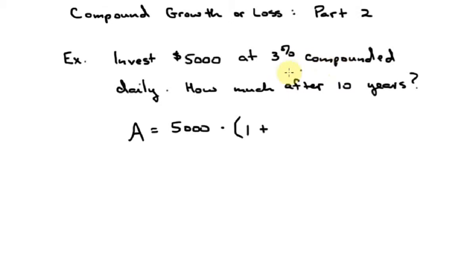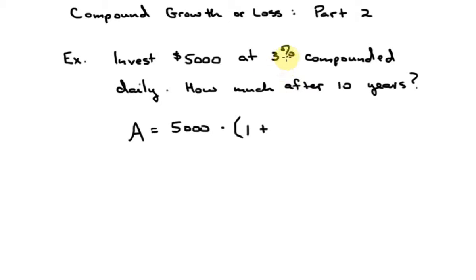When they say it's compounded daily, it means they calculate how much money your investment has grown by every day, and then they add that quantity of growth to the amount of money that's been invested. And so they're basically doing these calculations every day.